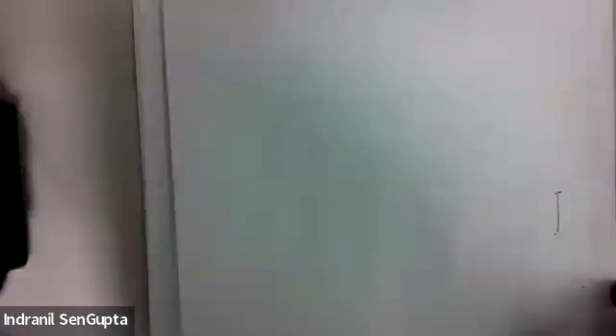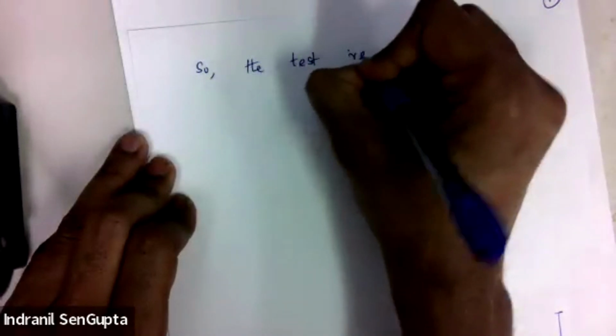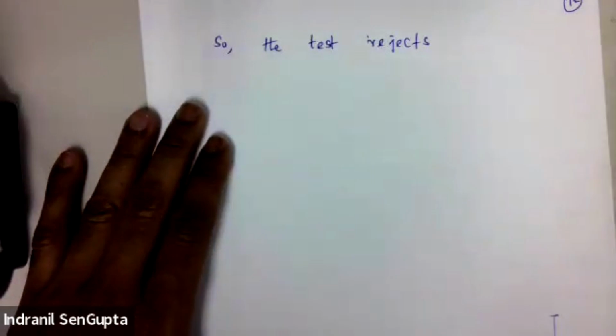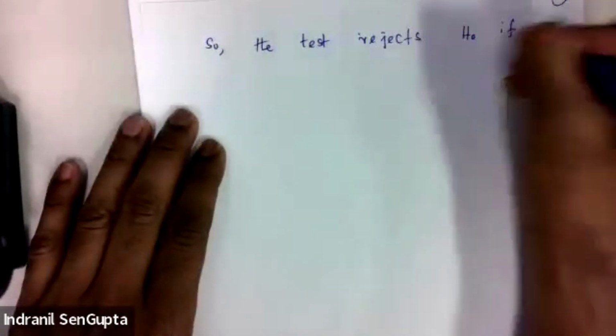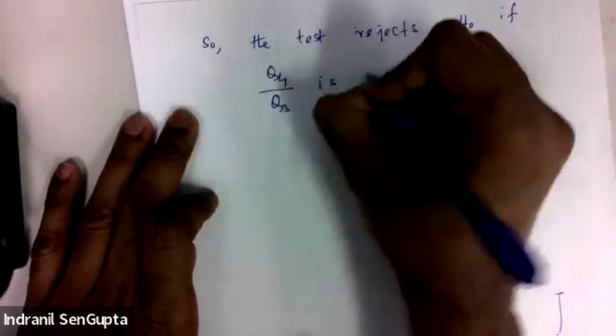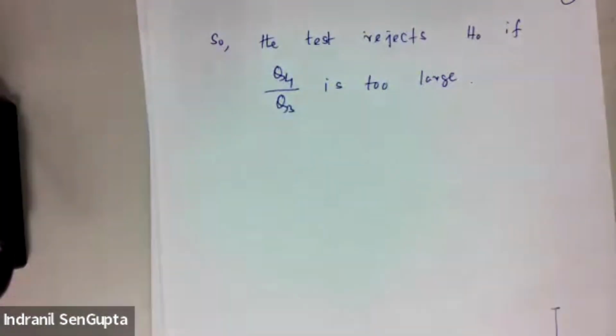So the test rejects H0 if Q4 over Q3 is too large. Okay. This one is just a constant.